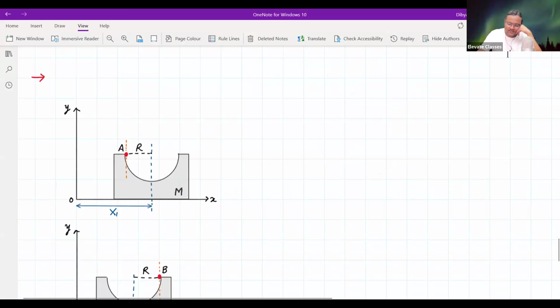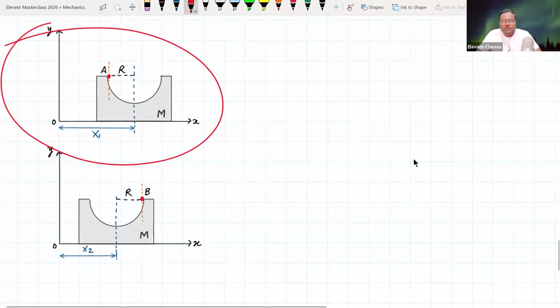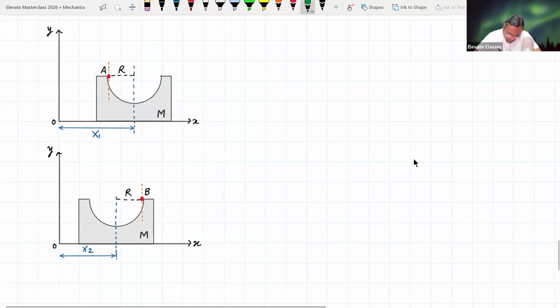All right, guys, let's try to understand the overall motion first. What is the motion happening? Initially, you have this configuration, where there is a large mass and the point mass at point A. At a later stage, the configuration is this one, where the small point mass has moved to the right, up to point B, and as a result, the large mass has shifted to the left.